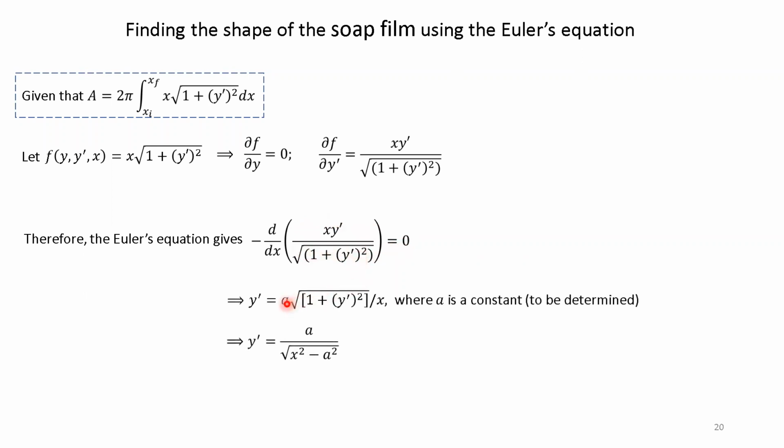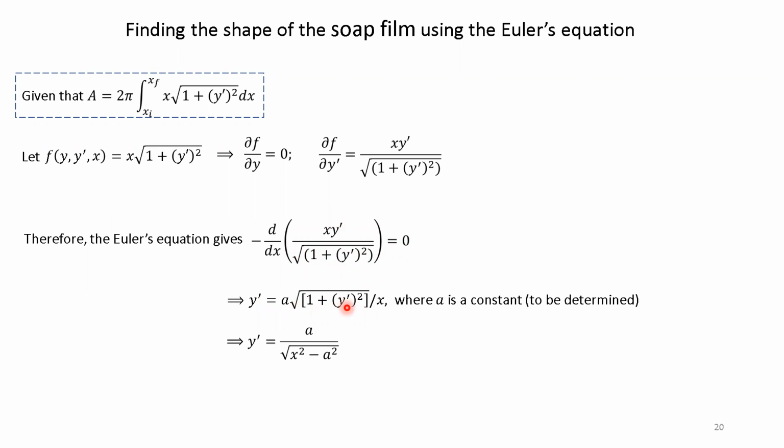Where I call this constant a. Then I take the denominator to the right-hand side. You can see that I have y prime on the left-hand side, and y prime on the right-hand side also.